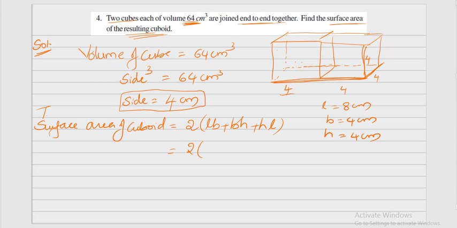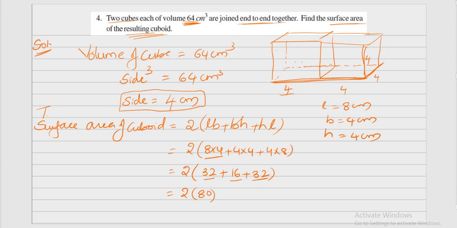Now when I substitute these values, this is 8 into 4 plus 4 into 4 plus 4 into 8. So 2 times of 8 4s are 32, plus 4 4s are 16, plus 4 8s are 32. 32 plus 32 is 64, 64 plus 16 is 80.